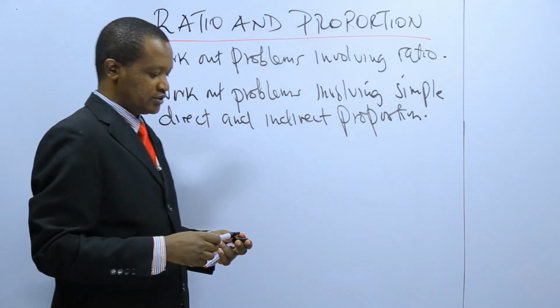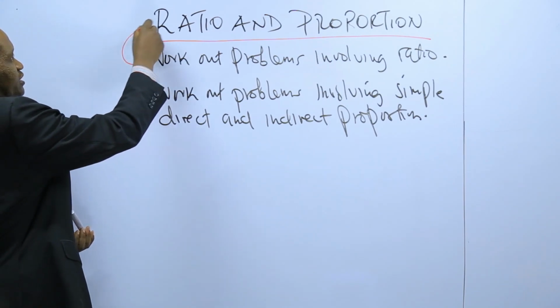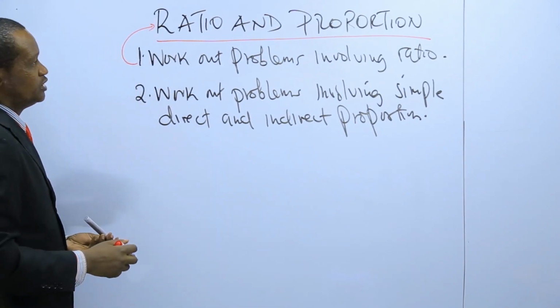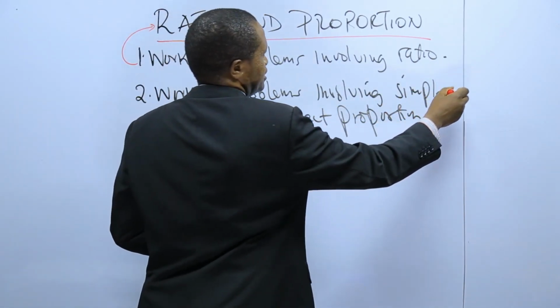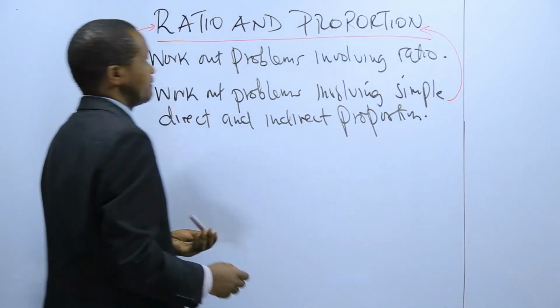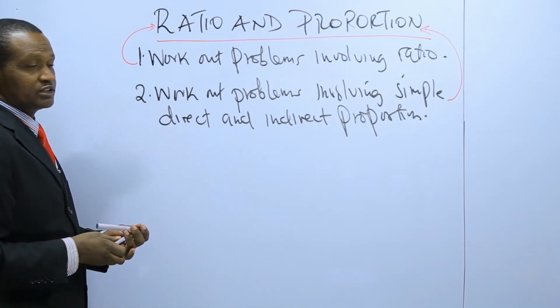There are only two objectives. The first objective is related to the first part of the unit. The second is related to the second one. So we have ratio and proportion. Those are two things.